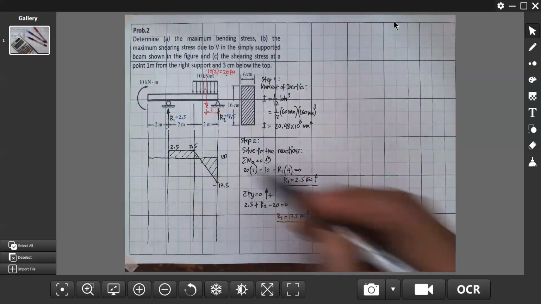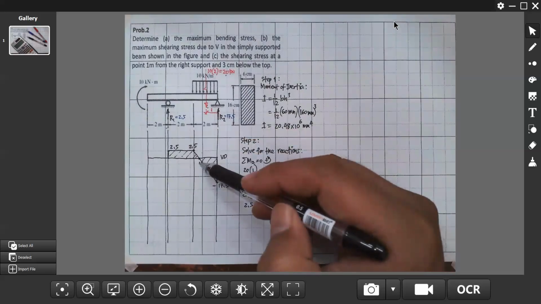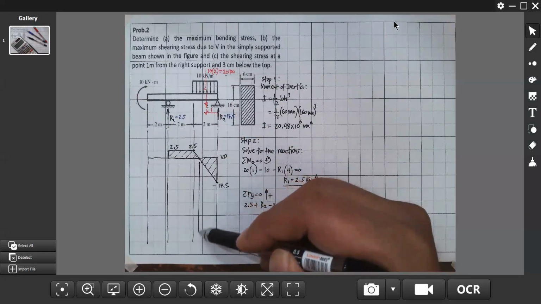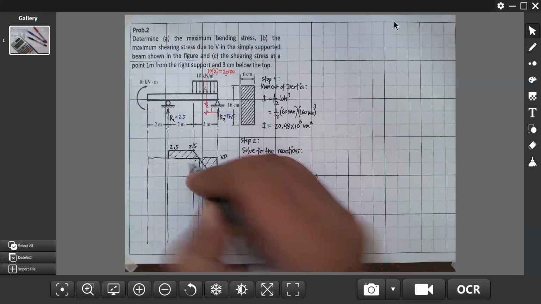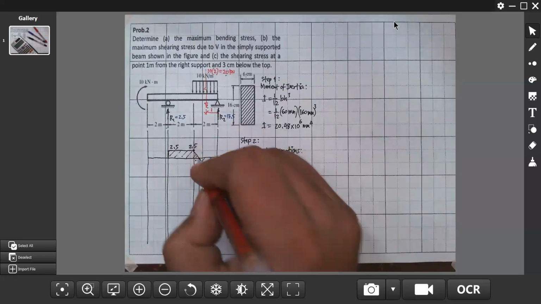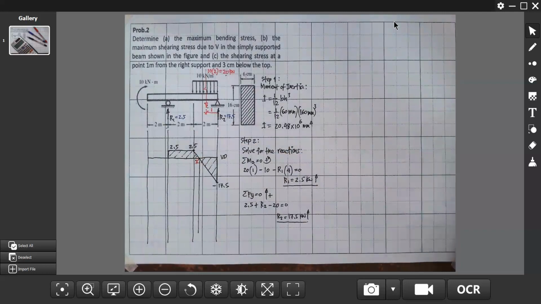Okay. We have this point where shear is 0. Draw a line here. Let's solve for this distance x. How do we solve for x? It's just ratio and proportion.